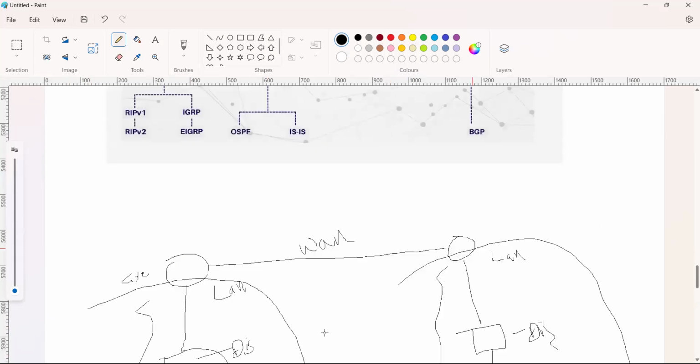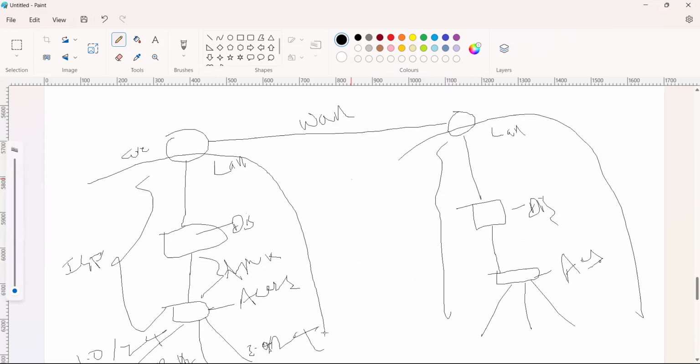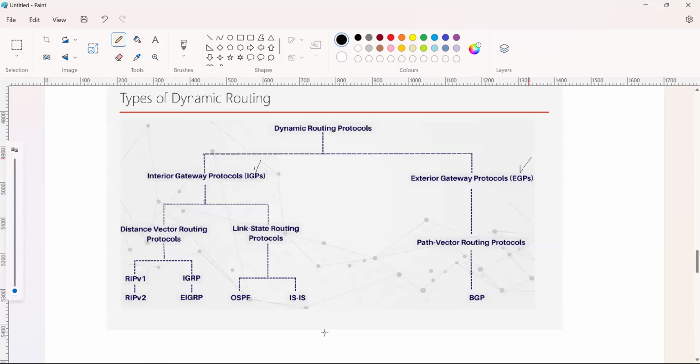Between two different locations, two different branches, two different organizations or two different internet service providers, like Wipro to IBM, IBM to Tech Mahindra, we use EGP protocols, and inside we use IGP protocols.